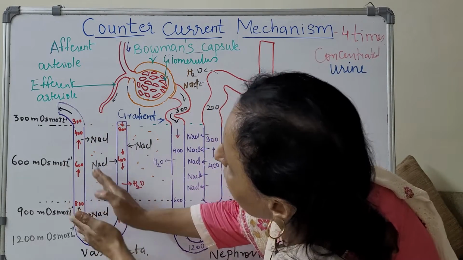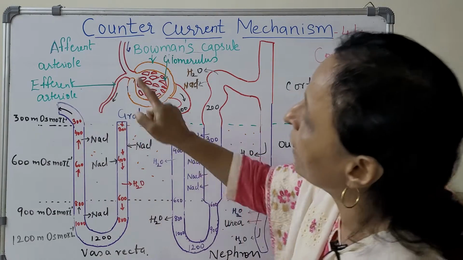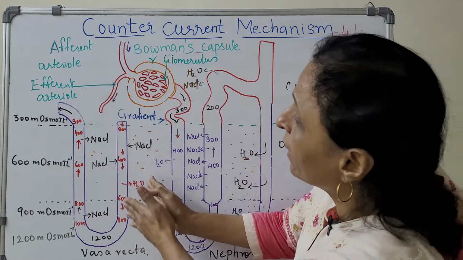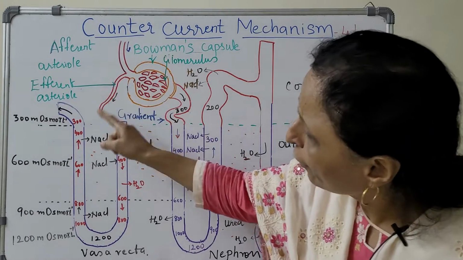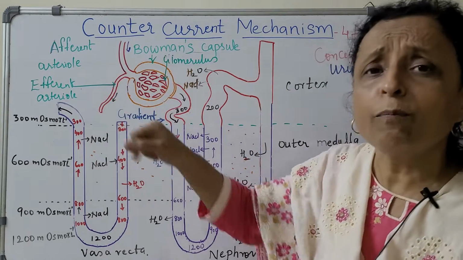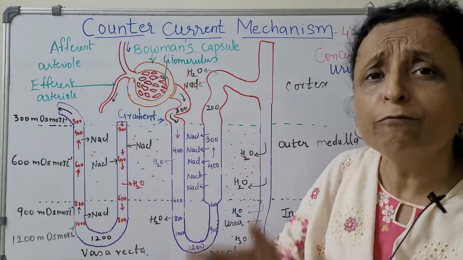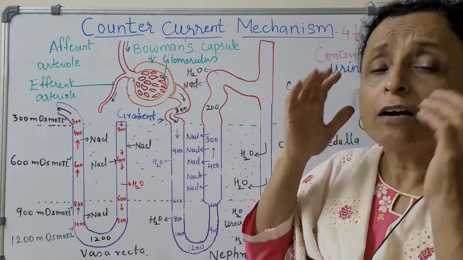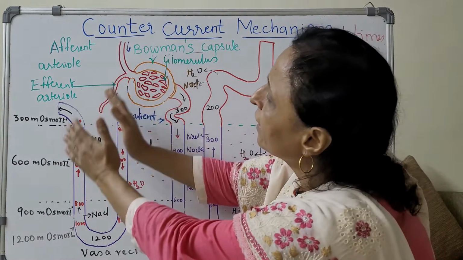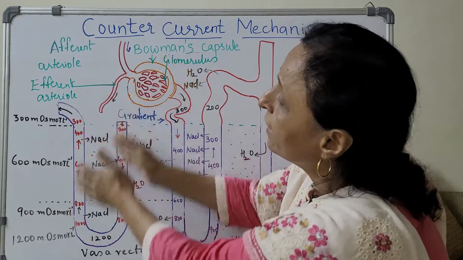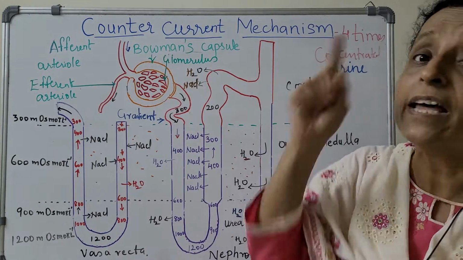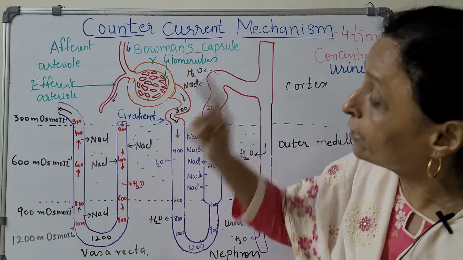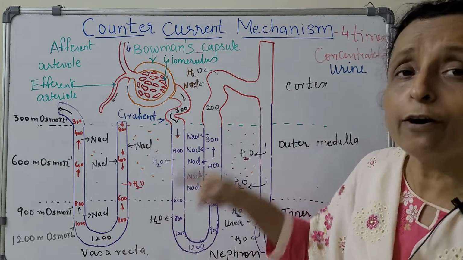The descending vasa recta will go inside here, then it will give to the ascending vasa recta. So here also exactly opposite gradients have been formed. The concentration is exactly opposite in the ascending and descending vasa recta. So there is a counter current formed in the vasa recta also.